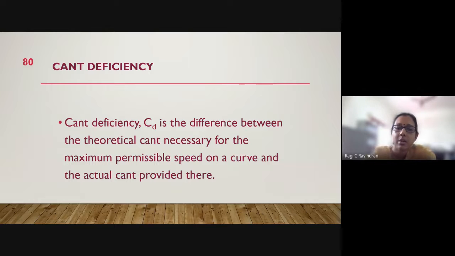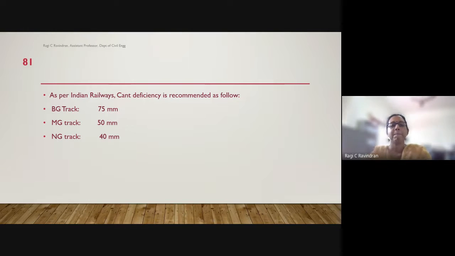This is the notation given, and it is the difference between the theoretical CANT, which is necessary for the maximum permissible speed on a curve, and the actual CANT that we have provided there. Now again, another set of standard values recommended by Indian Railways for CANT deficiency, given in mm.